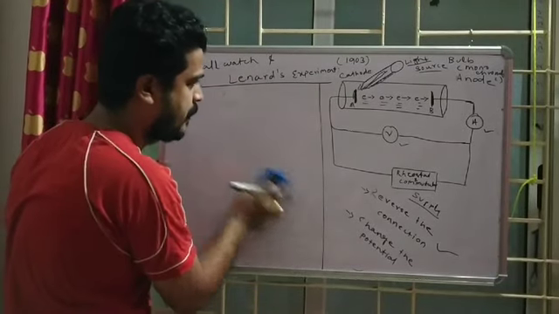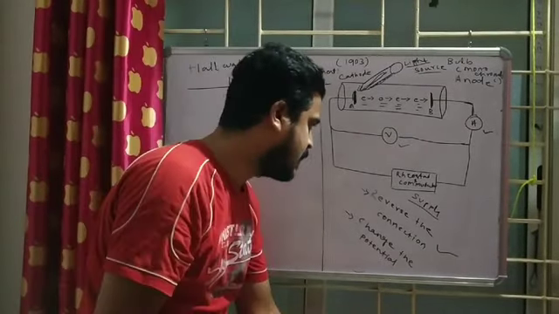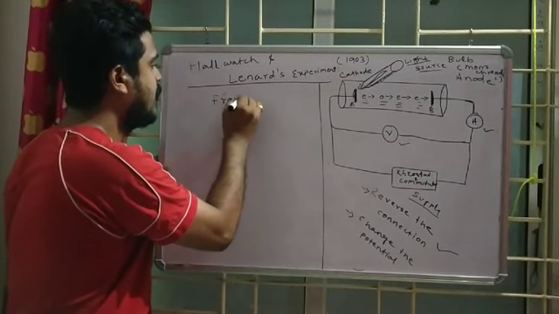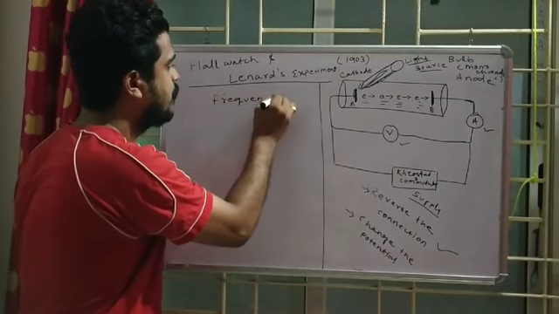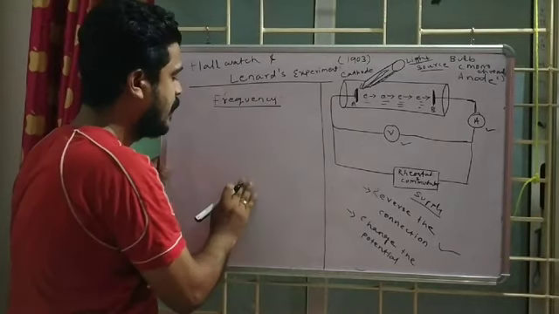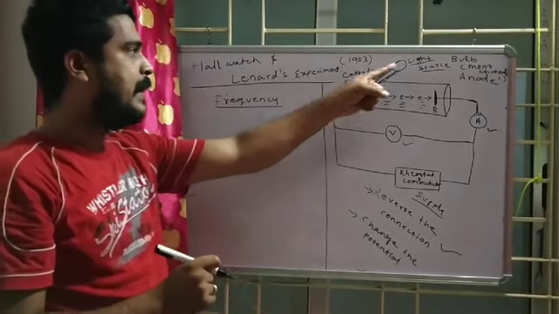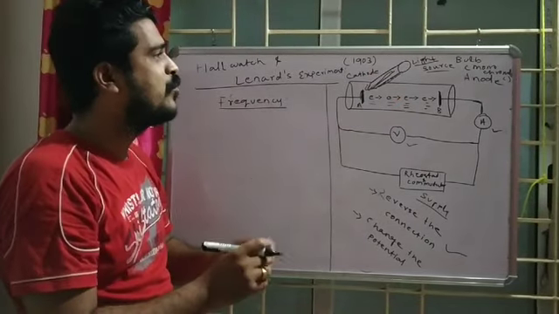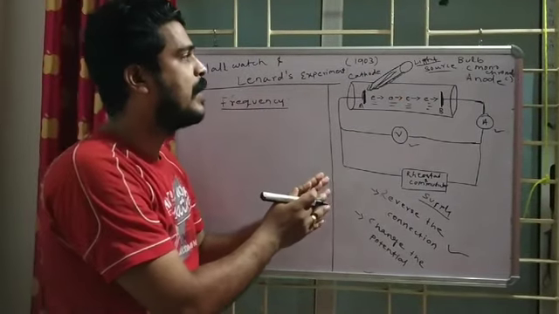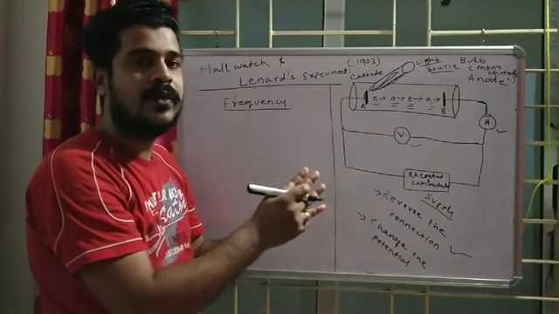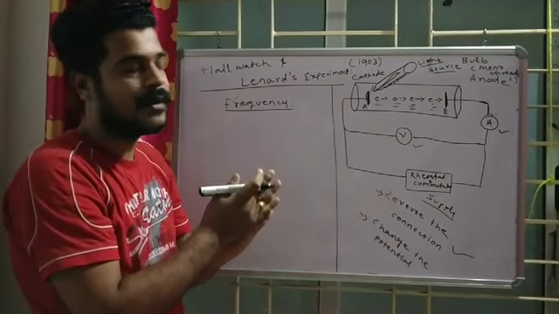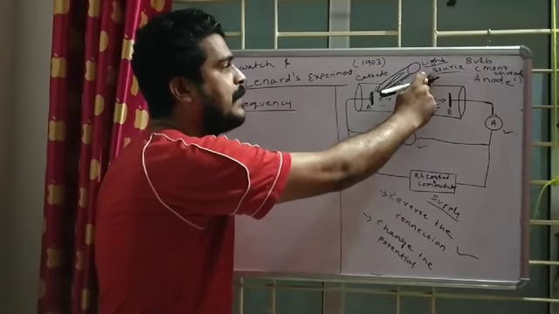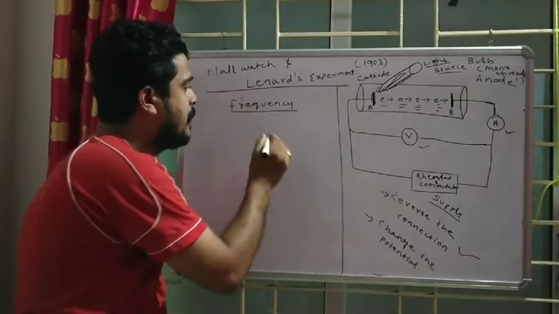Okay, one thing is clear for intensity, another is coming: frequency. So what their conclusion was, if we change the frequency, okay, how to change the frequency in this particular experiment? There are various methods of changing the frequency, but in this particular experiment, light frequency can be changed by changing the color.